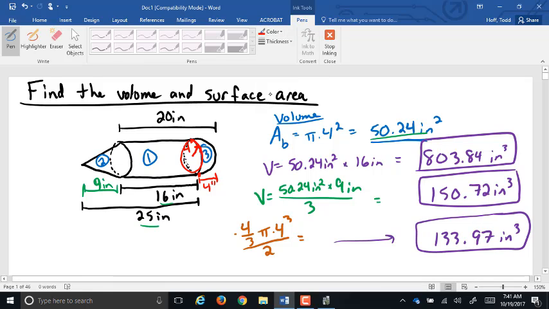Now we have those 3 volumes. To get the total volume, it is addition. So I get 1,088.53 cubic inches for our total volume.